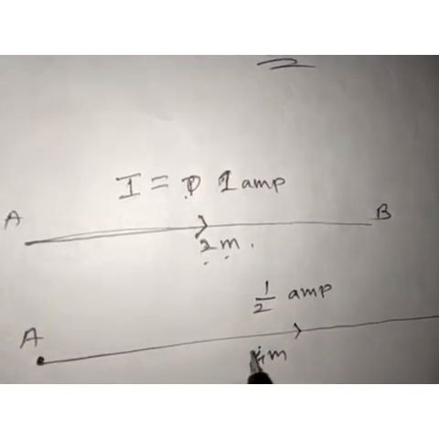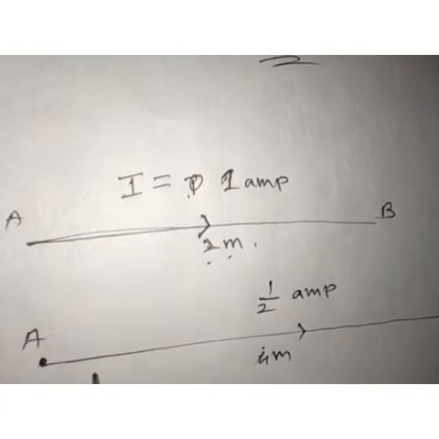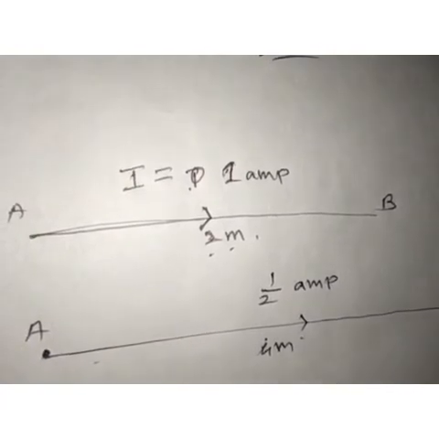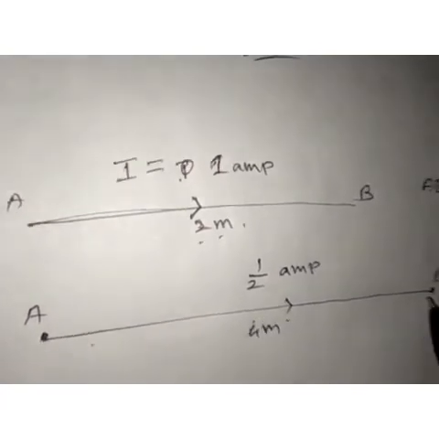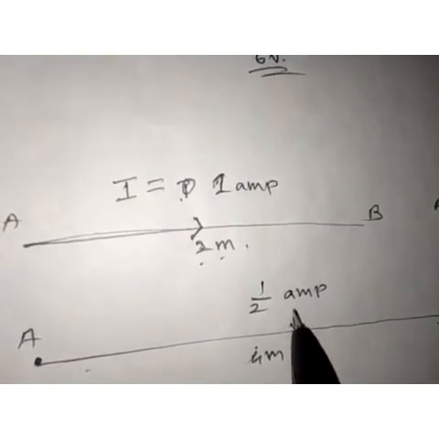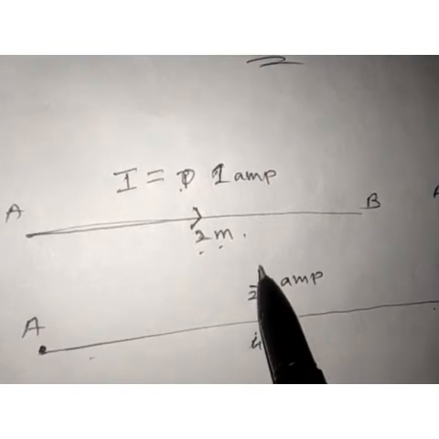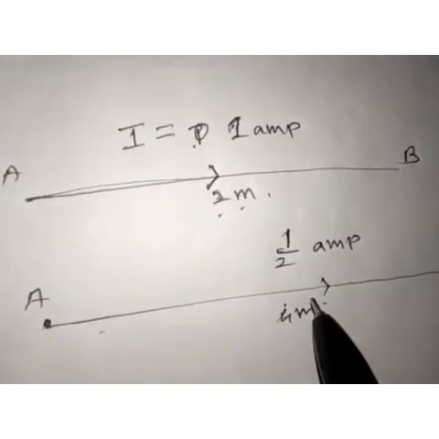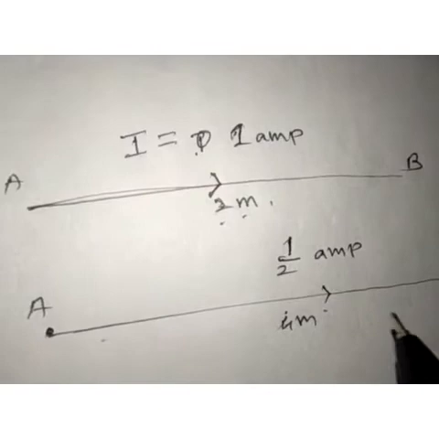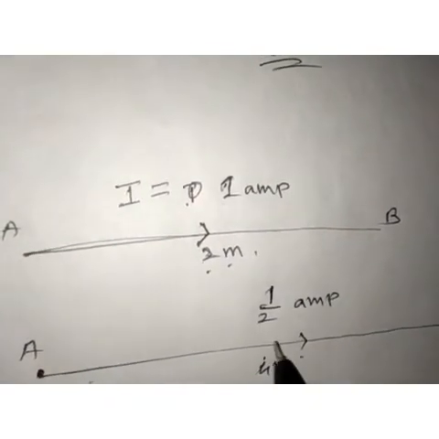Okay, understood? When the length of the conductor is made double, then the current gets half. The current is decreased to 1/2. 1/2 of 1 means 1/2.